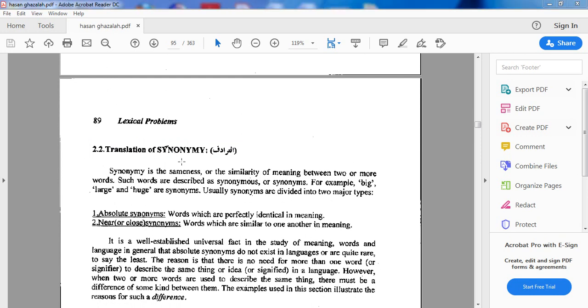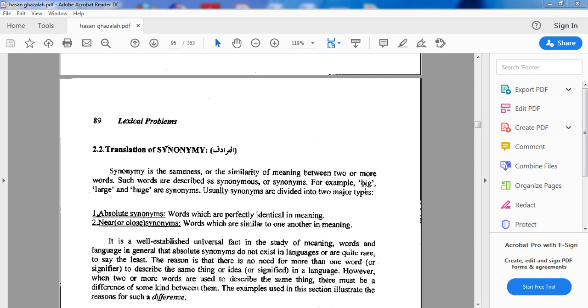So what's synonymy? Actually, we have here a definition. It is sameness in meaning. So two words have similar meanings. Similarity of meaning between two or more, so maybe you have more than two words. Such words are described as synonymous or synonyms.